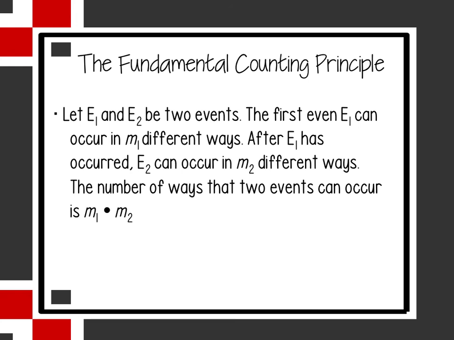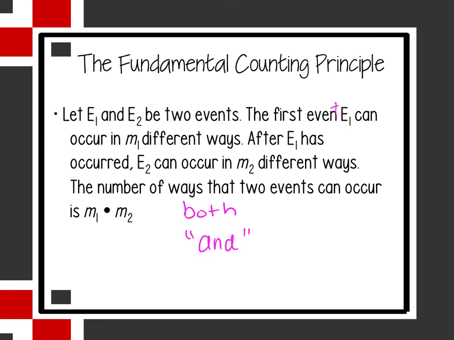The first event can happen M1 different ways. And then after E1 has occurred, E2 can occur M2 different ways. The number of ways that 2 events can occur is M1 times M2. So the number of ways that they both occur. So this is an and, because eventually we're going to get an and or.